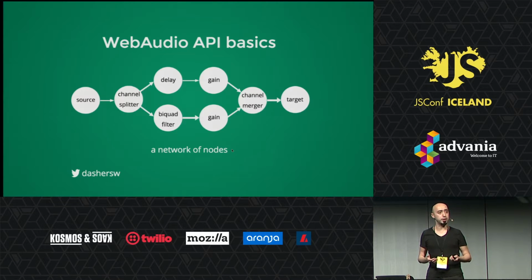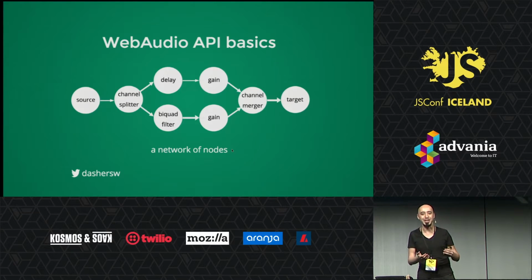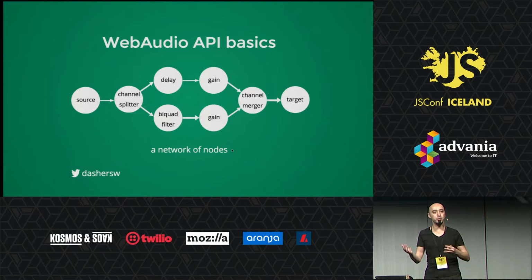But then you connect them together, starting from the source, from the guitar, or of course that's a guitar for me, but whatever source of input you want, maybe it's a mic or another audio file, and you connect them in whatever way you like, and then to the output, and everything happens in real time.